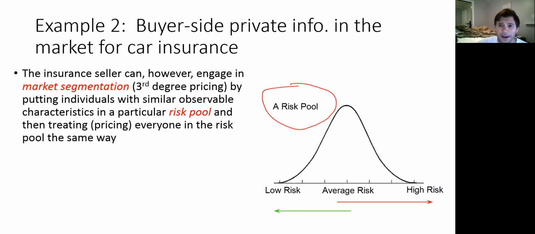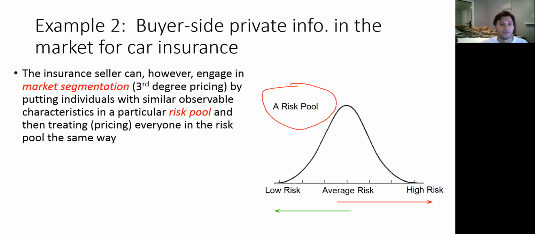So again, they're not personalizing prices for every individual here, but within a particular risk pool, let's say 16-year-old drivers with 0 years of experience and a clean DMV record, they can find everybody that has those characteristics that's driving a particular model of car, and put them in a pool together. And even within that pool, there will be good drivers and there will be bad drivers.